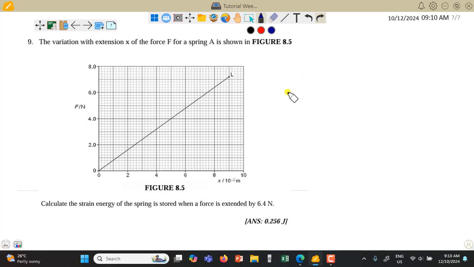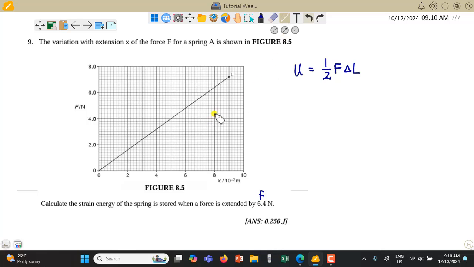So we are going to use the equation U equals half force multiplied by the extension or the elongation experienced by the wire. I want to calculate the strain energy stored when it was extended with a force of 6.4 Newton. So I need to determine the extension of the wire when I apply a force of 6.4 Newton.